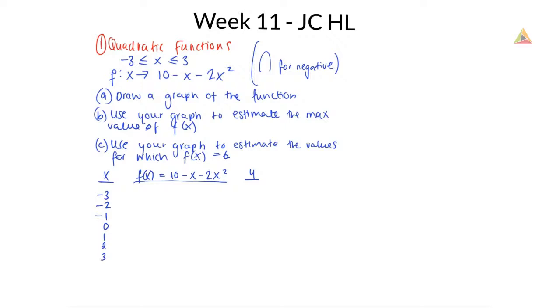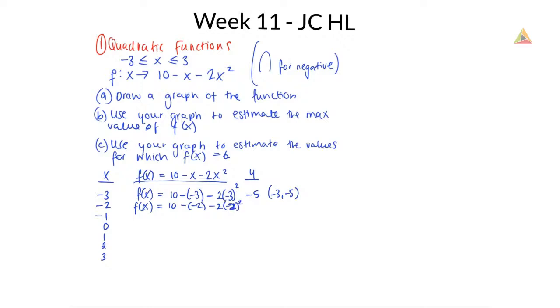So we plug them into the function. So the f of x is equal to 10 minus minus 3, be careful there, minus 2 by minus 3 squared. So when you plug that into the calculator, you get a value of minus 5. So your first point there is (minus 3, minus 5). The next point, f of x is equal to 10 minus minus 2, minus 2 by minus 2 squared.